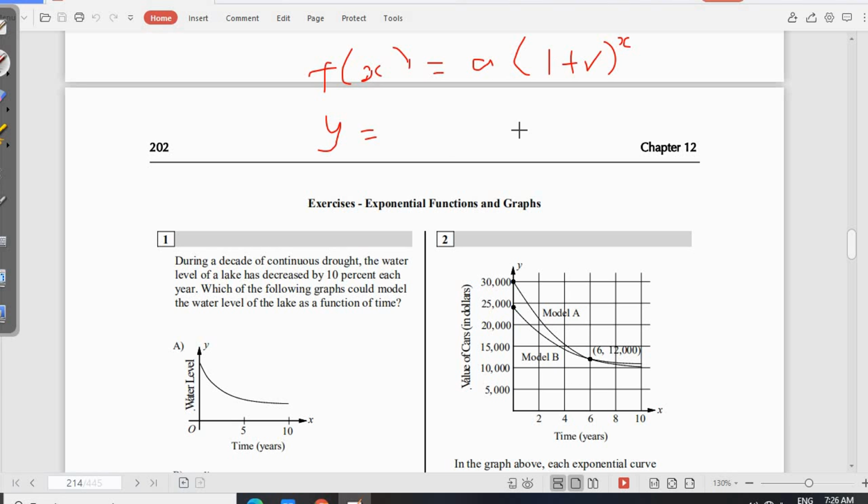Some persons use y equal to y naught, which is the original y, times the Euler number e raised to the growth rate r times t, raised to power t. But whichever you use, it still means the same thing.